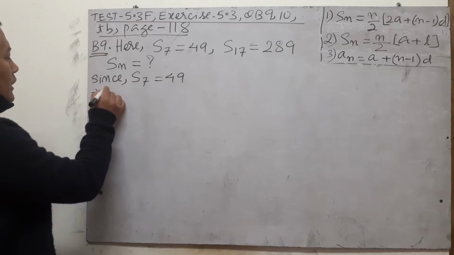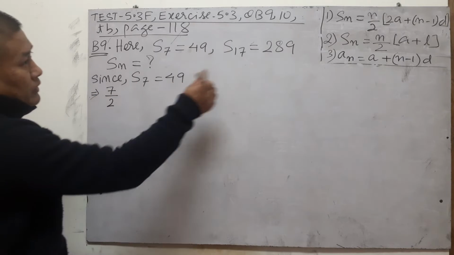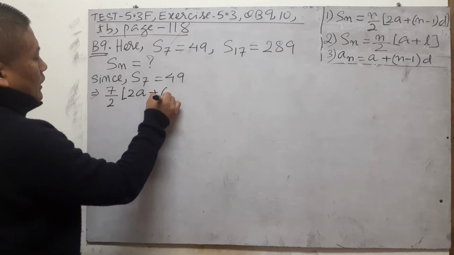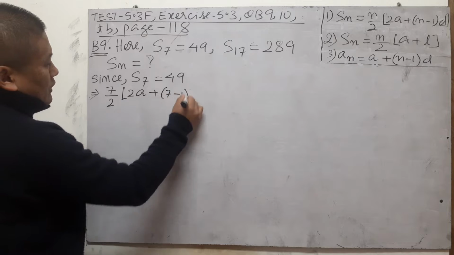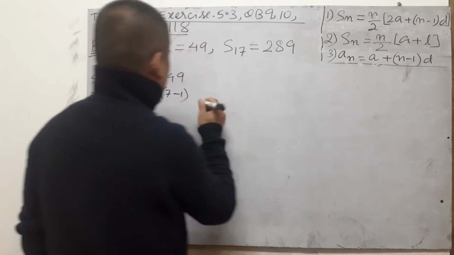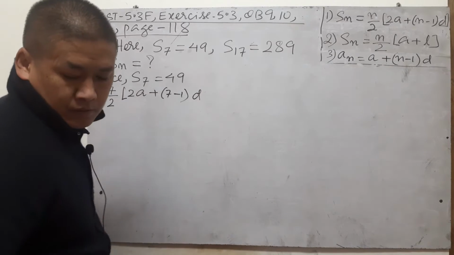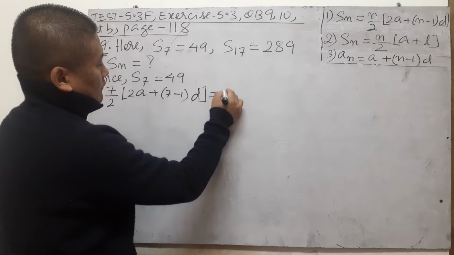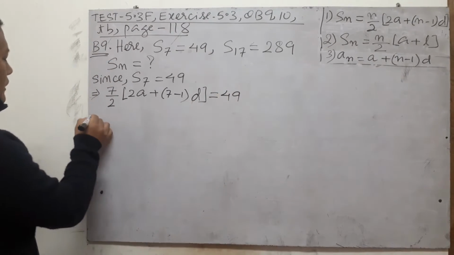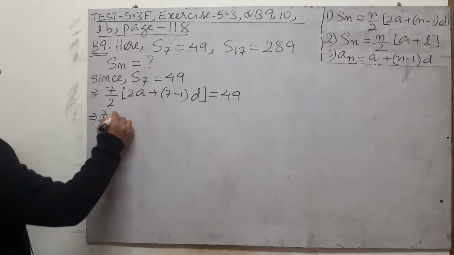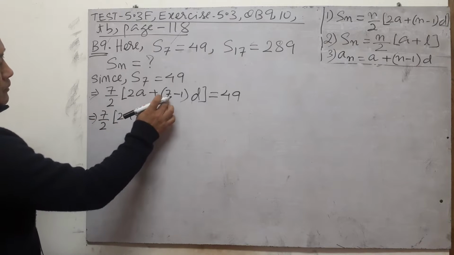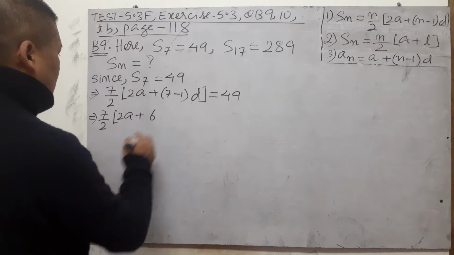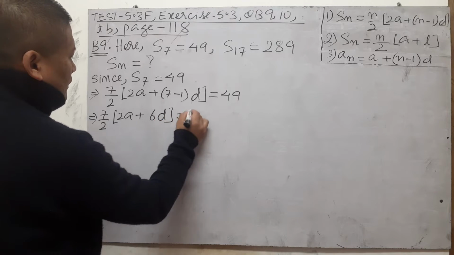Here n is 7, so 7 by 2 into 2a plus 7 minus 1 into d, close it, is equal to 49. That implies 7 by 2 into 2a plus 6d is equal to 49.